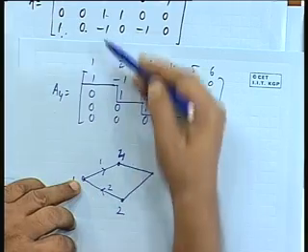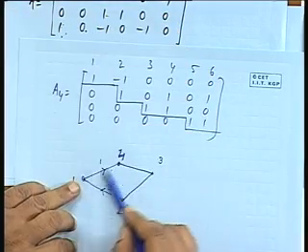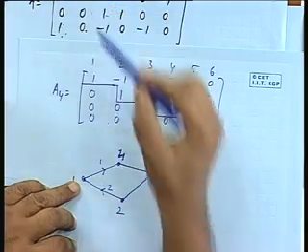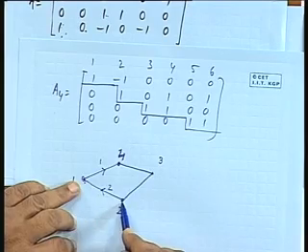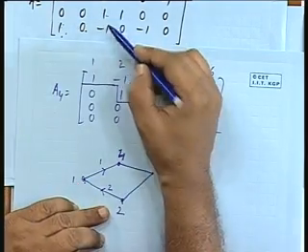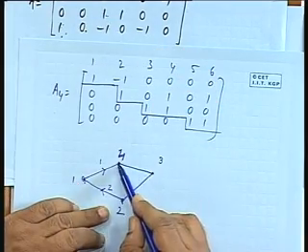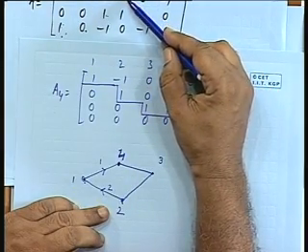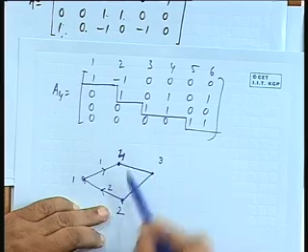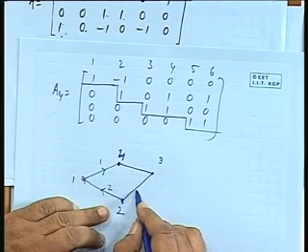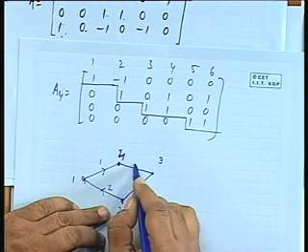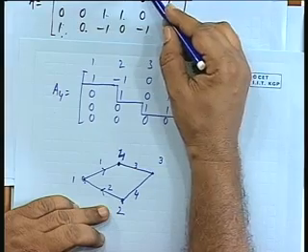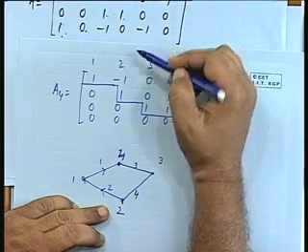So, it was 1 and 4, 1 and 1 and 2, element 2, then 3 and 4, then 2 and 3, this is element 4, this is element 3, then element 5 is between 4 and 5.